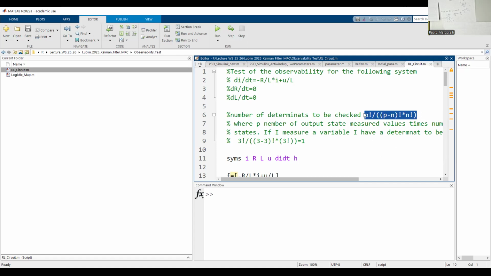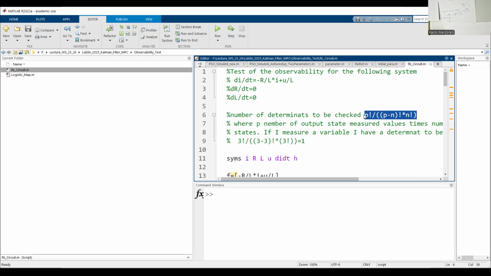We can demonstrate that in our matrix, which consists of P rows and N columns, the columns are the number of the states, and P, the number of rows, is the number of the variables which I measured, state variables.